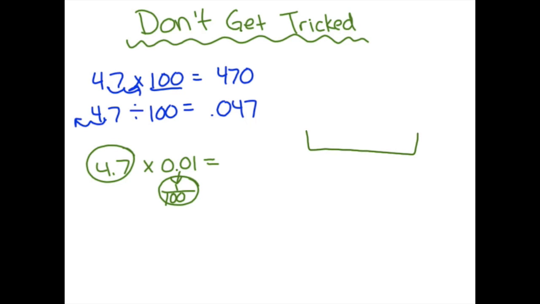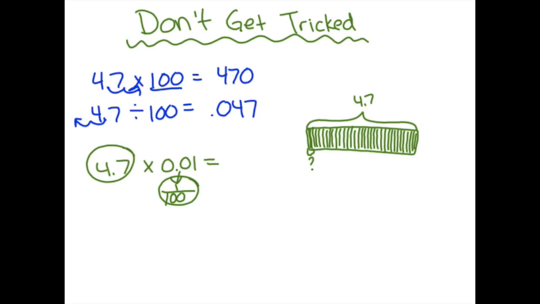If I were to make that as a bar model, my whole would be 4.7. And then this is saying I want to know what 1/100 of that is, so I'm going to break this up into 100 tiny little pieces, and we'll just pretend that I've drawn 100 up here. And I want to know what 1/100 of 4.7 is, so I want to know what is 1 part of that whole.